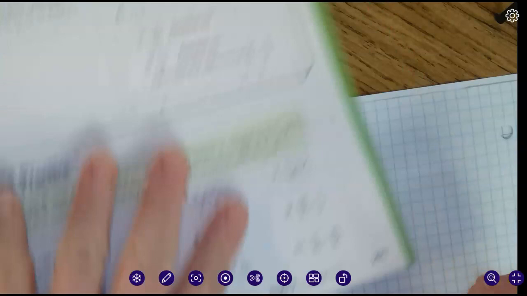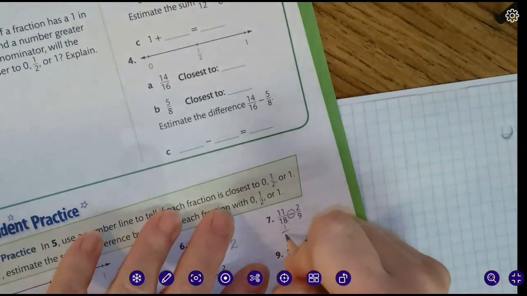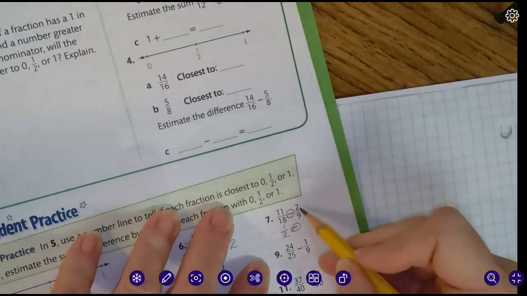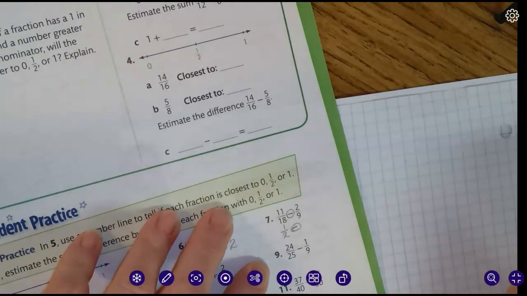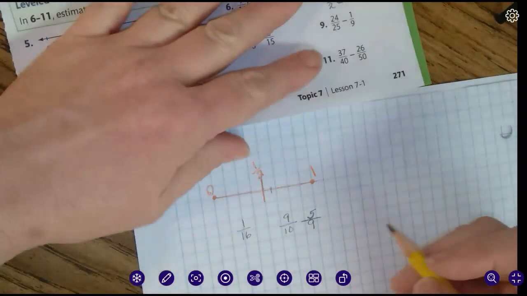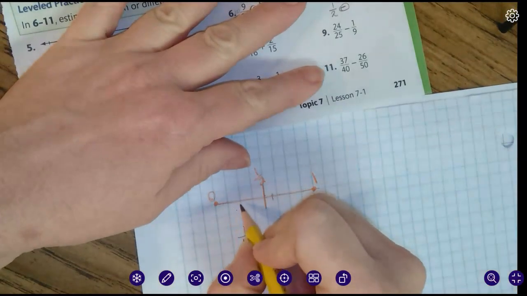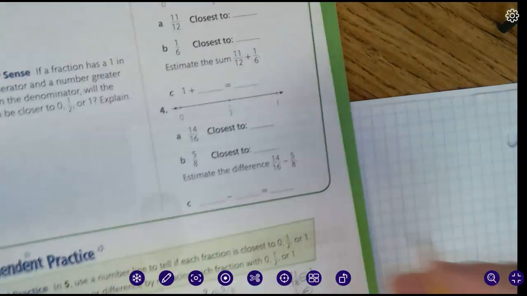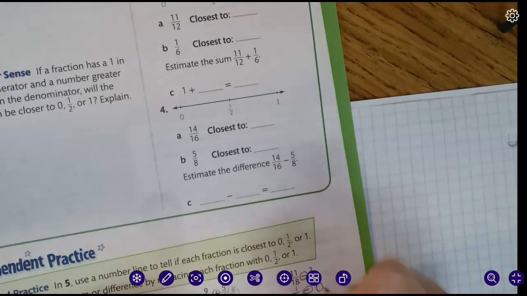So I'm going to say 11/18 is almost the same thing as 1/2. And then I'm going to put my operation in there. What about 2/9? Well, half of 9 is 4.5. That's too far away from that. So if I were to do 2/9, that would be like over here. So I'm going to say that it's closer to 0. So 1/2 minus 0 is 1/2. Because if you have a half and don't take any away, it's a half.